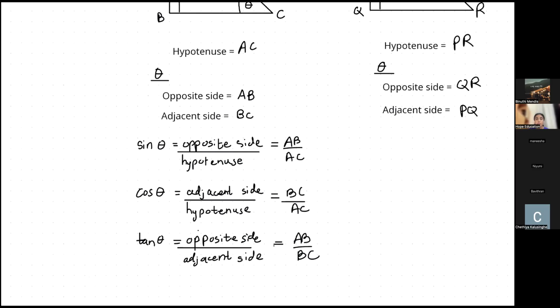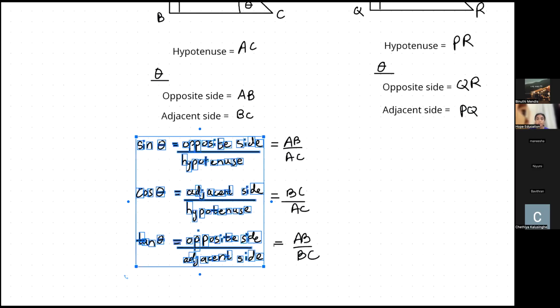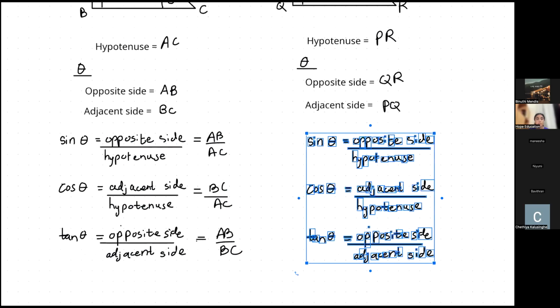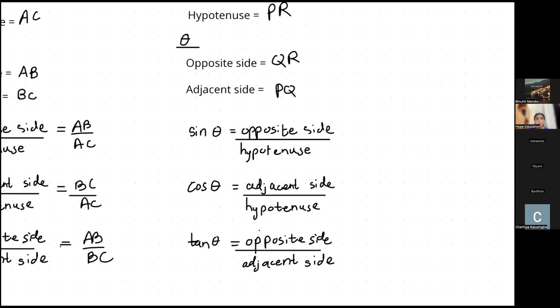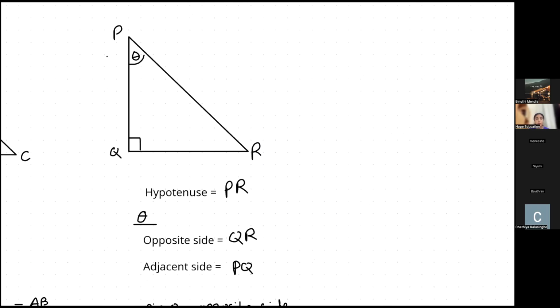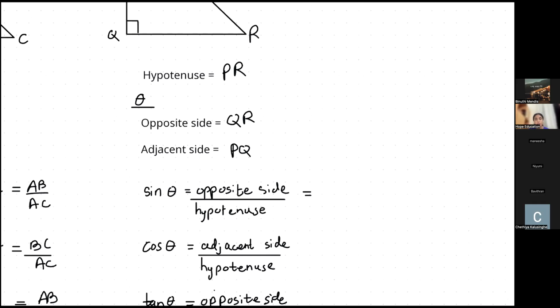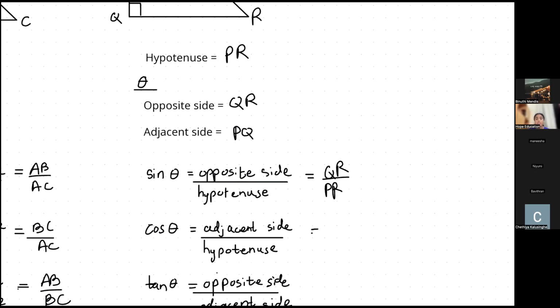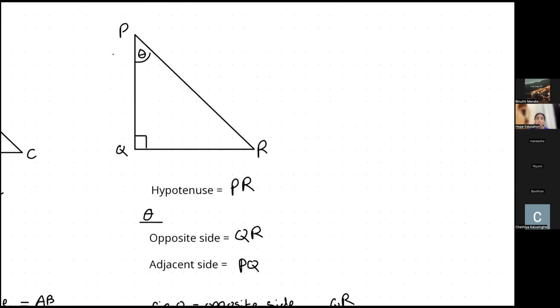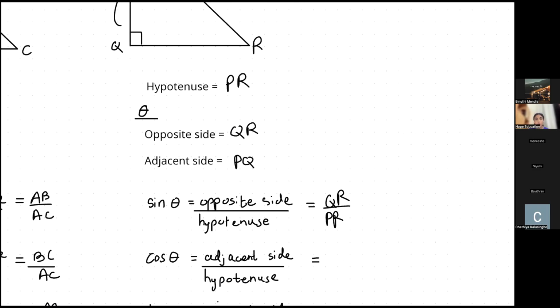Let's write the same ratios for our other triangle as well. Sine theta is opposite side over hypotenuse. Theta is here, so the opposite side is QR, hypotenuse is PR. So QR over PR. Then cos theta is adjacent side over hypotenuse. The adjacent side is PQ, hypotenuse is PR.